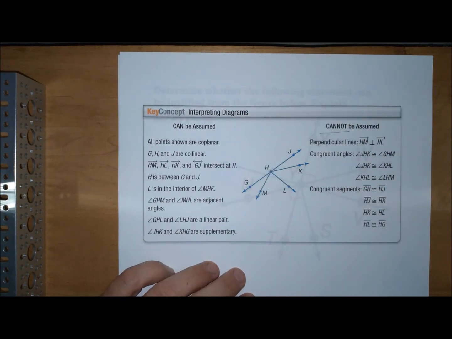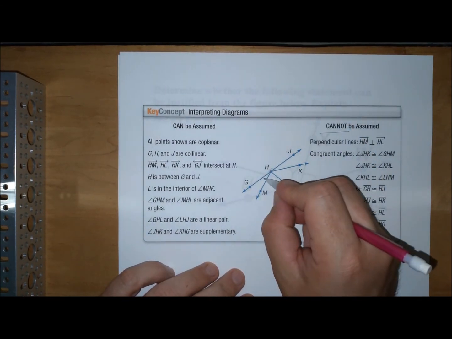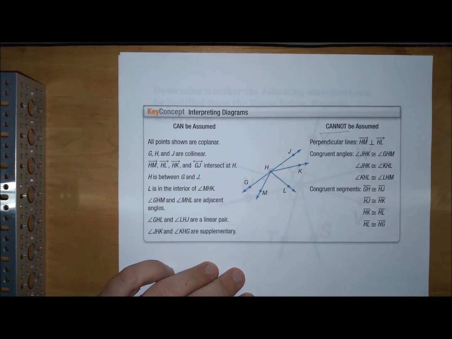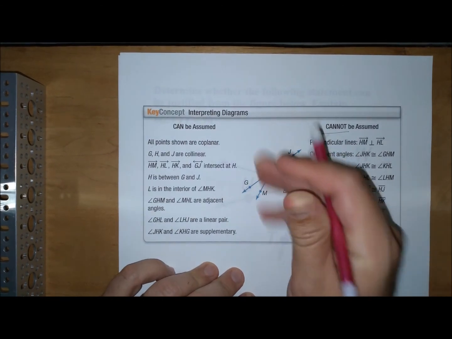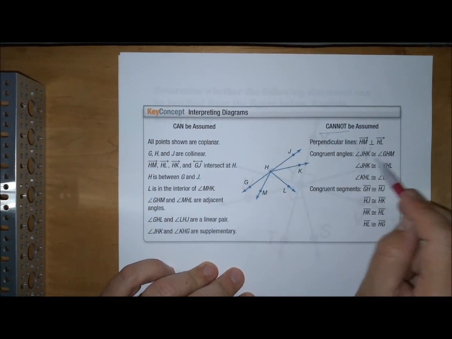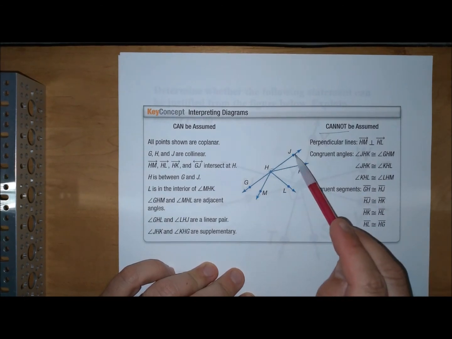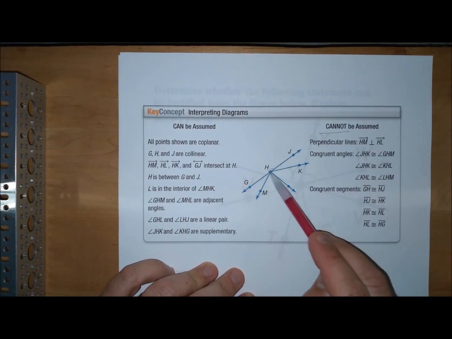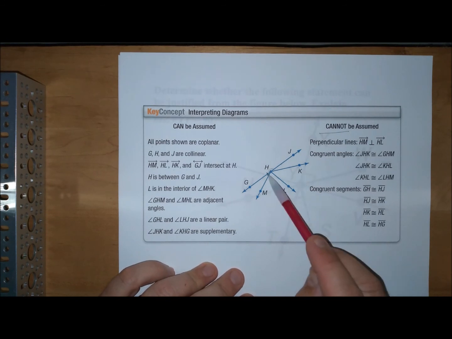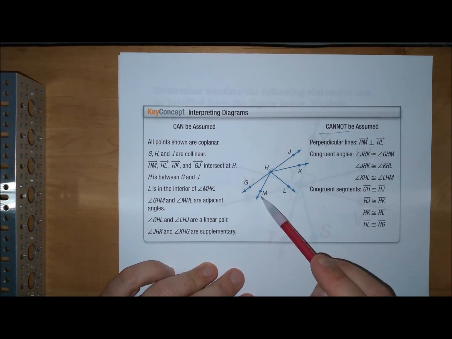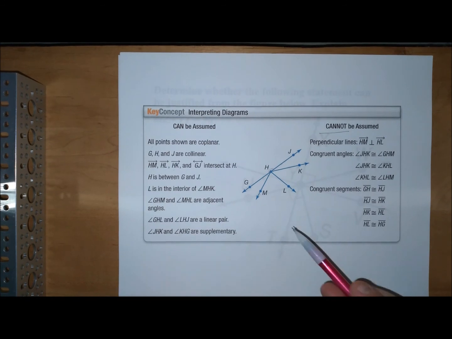So unless they tell us specifically, by marking it on a sketch or telling us in the problem, we can't assume that those angles are congruent. Likewise, we can't assume that JHK and KHL are congruent. You might not have suspected that one. Or KHL and LHM, we can't assume they're congruent either.